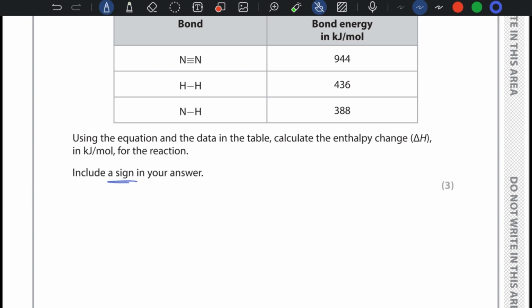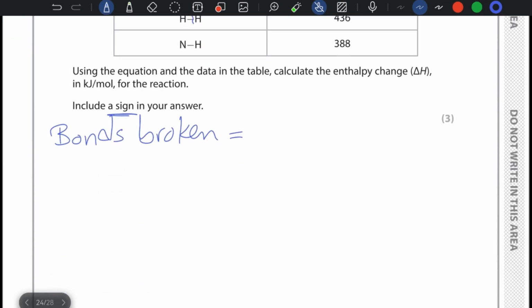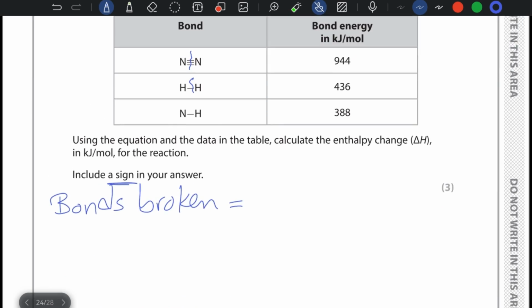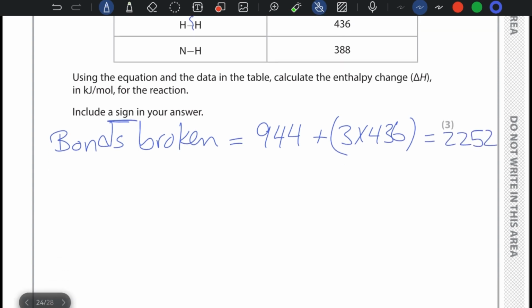Let's start to calculate bonds broken. From the equation, we break one bond between nitrogen atoms and 3 bonds between hydrogen atoms. So it's 944 plus 3 times 436, which is equal to 2252 kilojoules per mole.